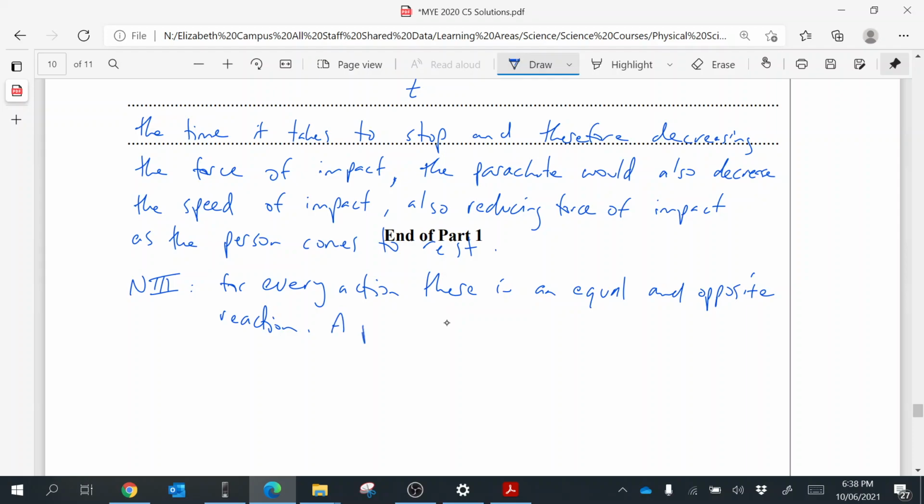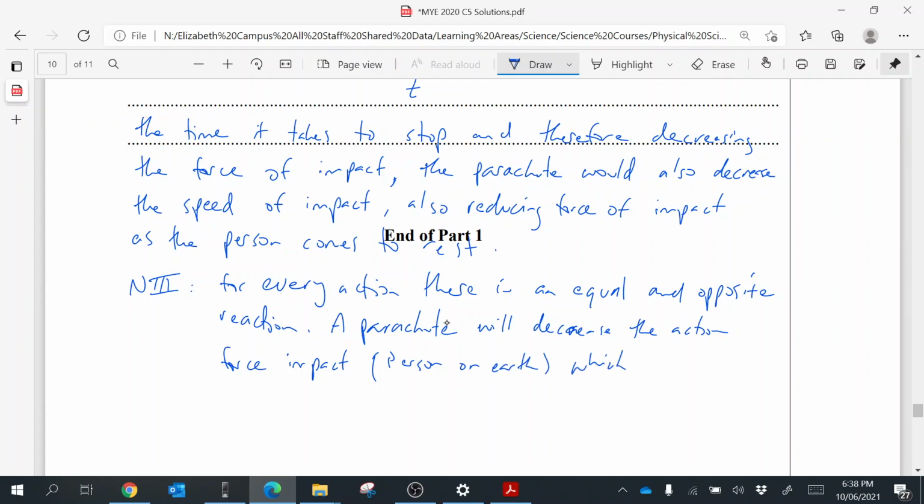This is probably not satisfactory; you probably want to focus on the first two laws in this case. A parachute will decrease the action force on impact, person on Earth, which will decrease the reaction force, Earth on person.